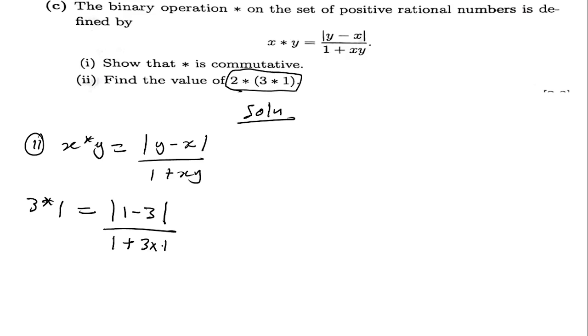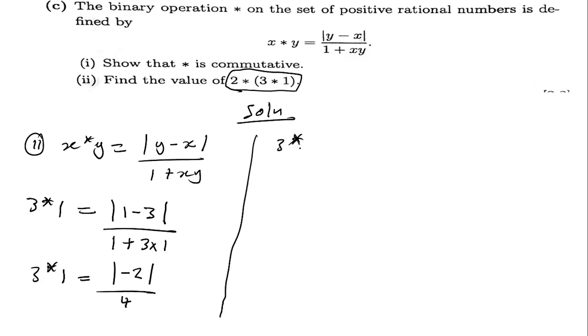Then from there, 3 star 1 is equal to negative 2 modulus over 4 down there, and this will give you 3 star 1 is simply equal to 2 over 4, and this is the same as 1 over 2. So that's for the first part, which is 3 star 1.